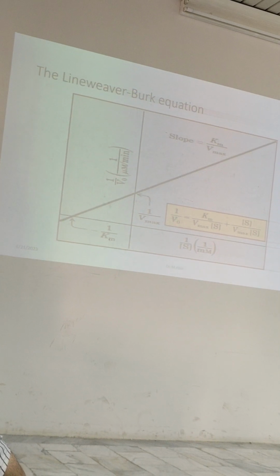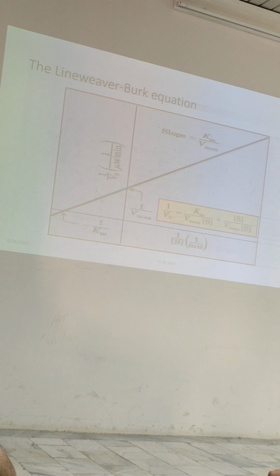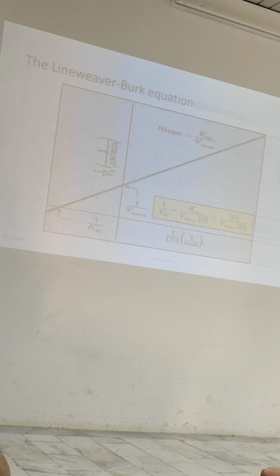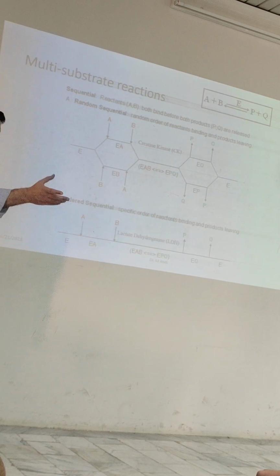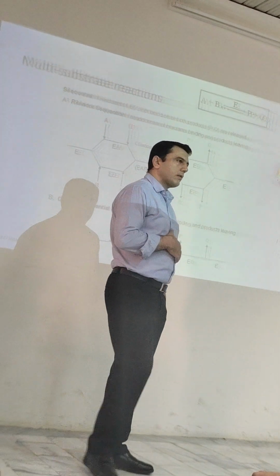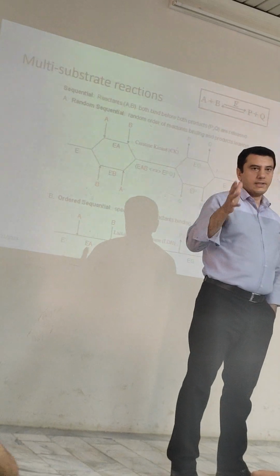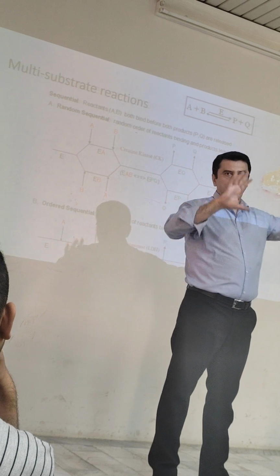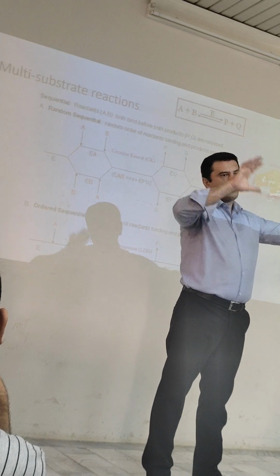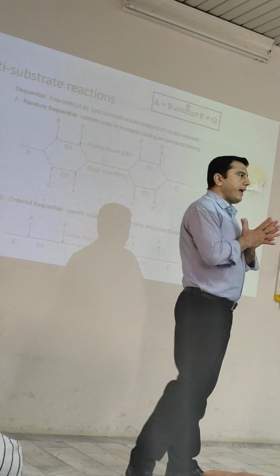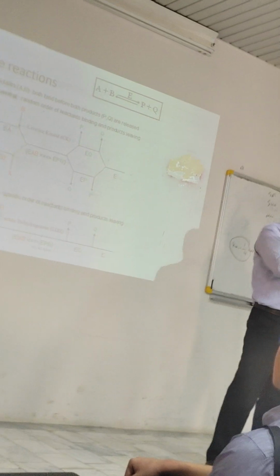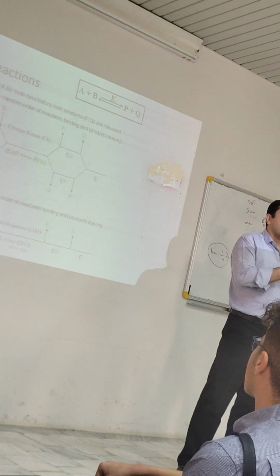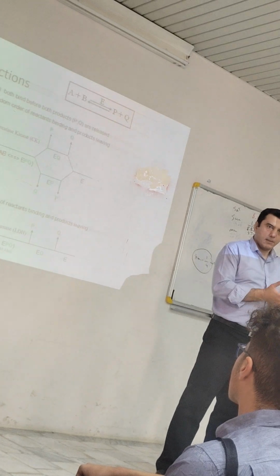Before I start the new lecture, I'm going to talk about some other enzyme. I told you the mechanism, the kinetics, for an enzyme that just has one substrate and one product. A changes to B. But what happens if we have more than one substrate and more than one product?